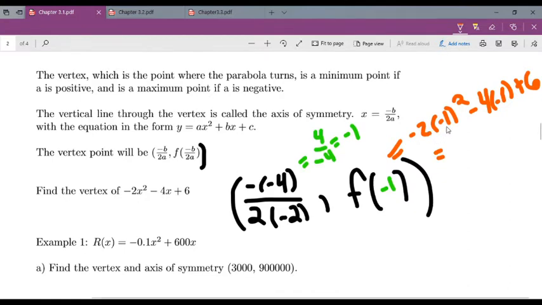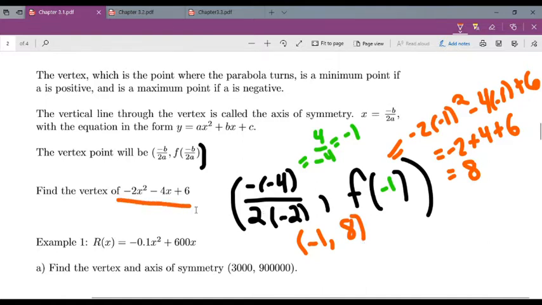Well, -1 squared, -1 times -1 is +1. So I'm left with a -2 here. -4 times -1 is a +4 plus 6. So if I simplify this, I should get an 8. So the final vertex form here looks like -1, 8. And that would be the vertex of this parabola. And that's how you find it.